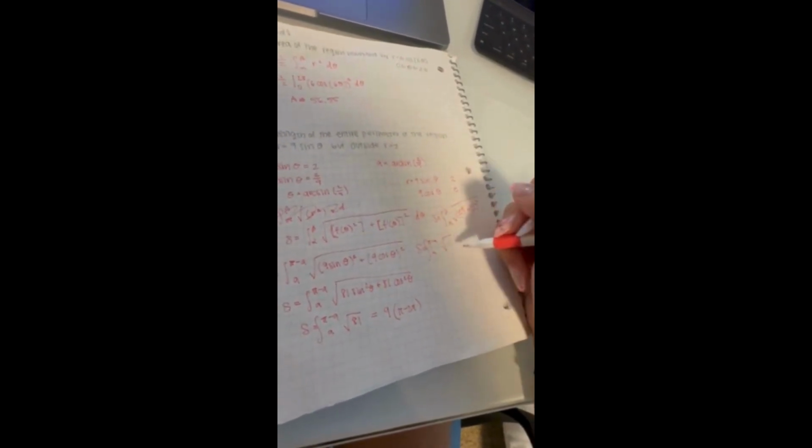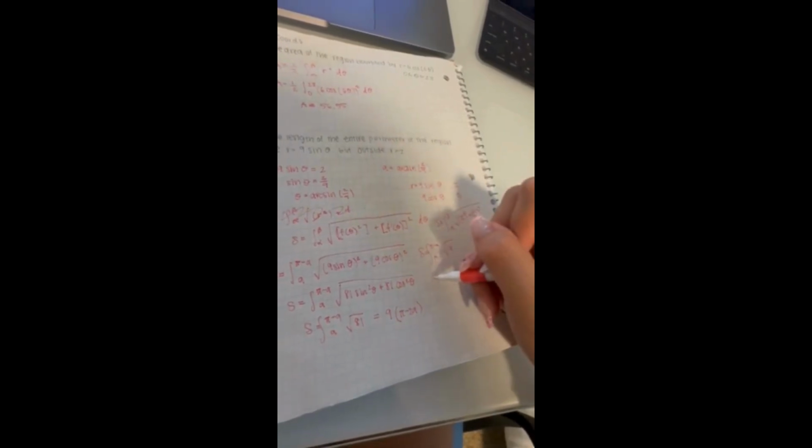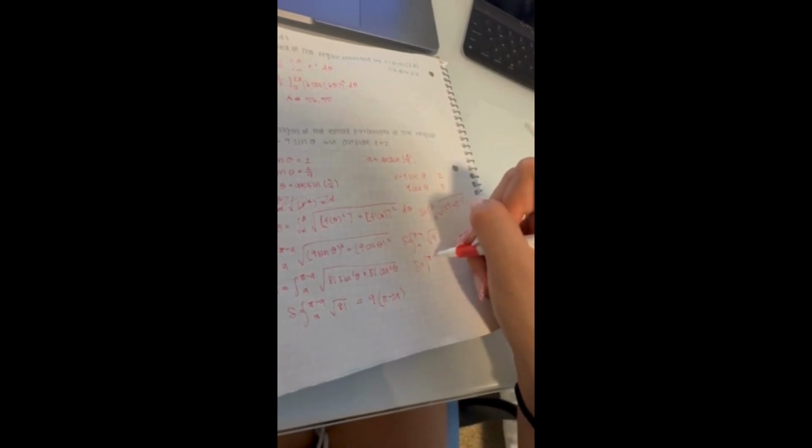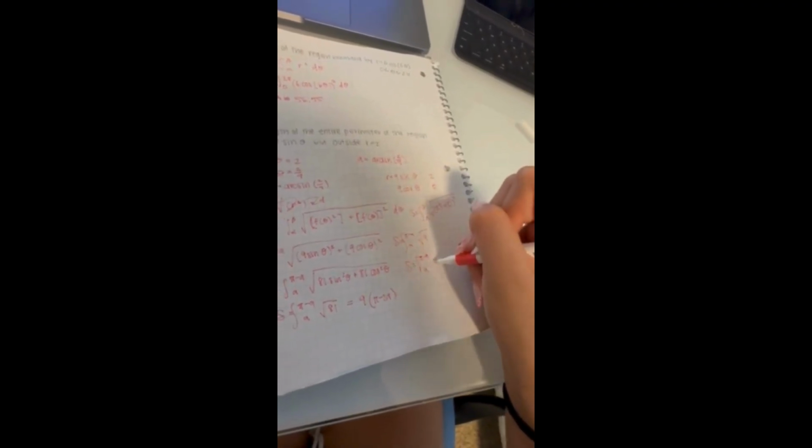And we're just going to get the square root of 4, that's just going to be 2. And then we're going to get basically the same thing as for the 9 one, except our s is going to be 2 times pi minus 2a.